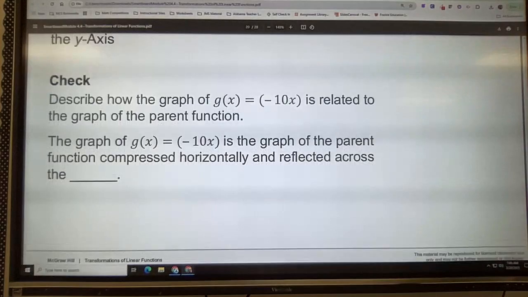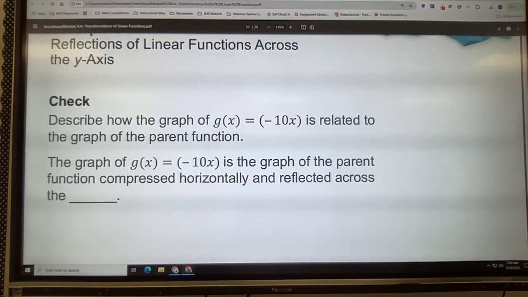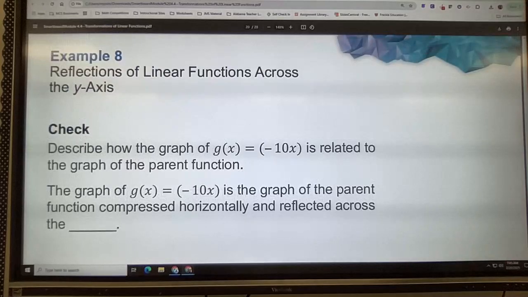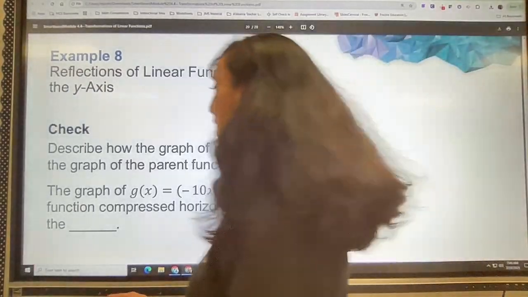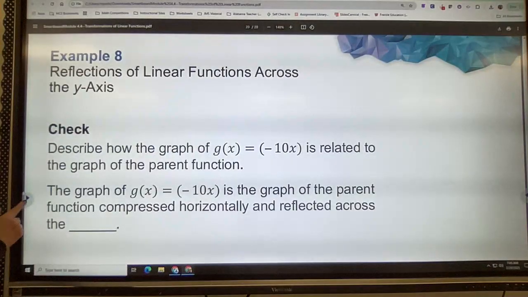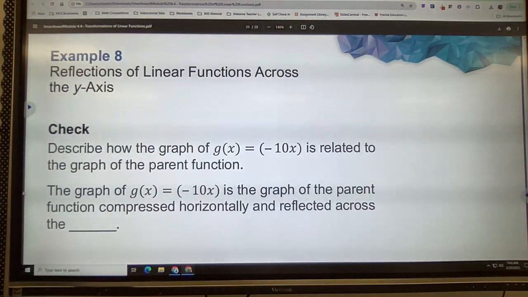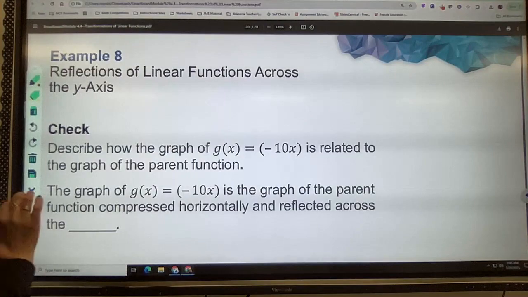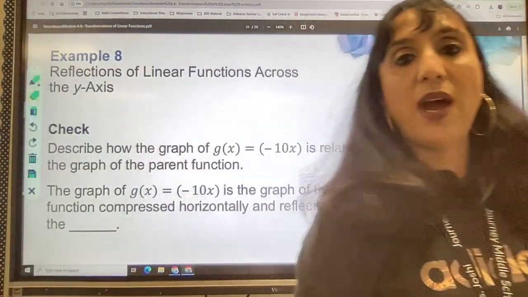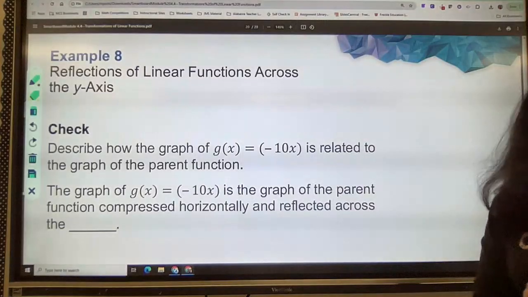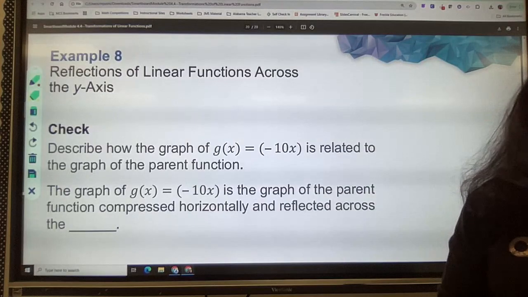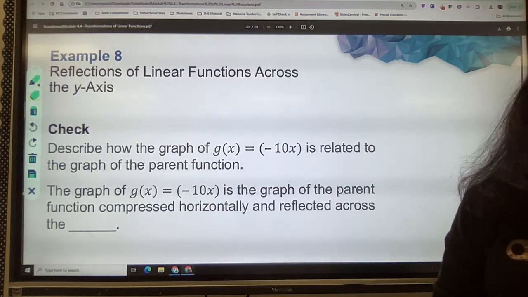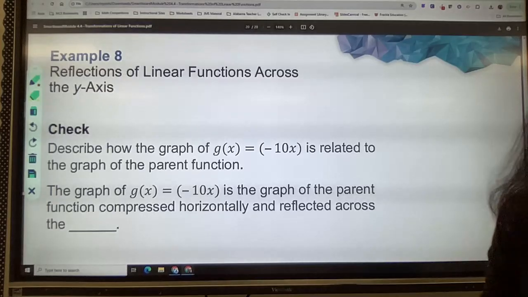Let's look at this really quick. And let's read this and what it is saying. And this is the last question for reflections. Okay. So it's saying, describe how the graph of g of x is equal to, remember the grouping, negative 10x is related to the graph of the parent function.